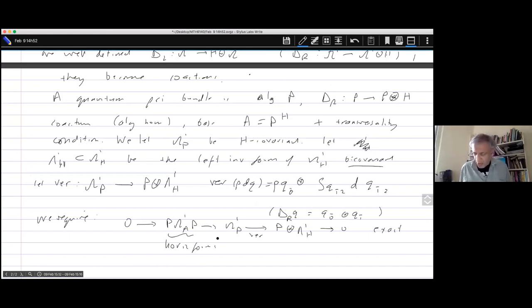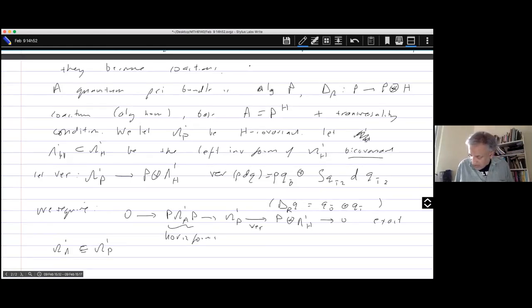So Omega^1 A is contained in Omega^1 P: the things that A generates, A dA inside P. Under our assumptions this defines a calculus on the base, and this is the analog of horizontal forms. That should be exactly the kernel of Ver, the things that are killed by all the infinitesimal vector fields for the action. So that's the transversality. That's all I'm going to say for now about quantum bundles. We'll come back to associated bundles and things like that later.